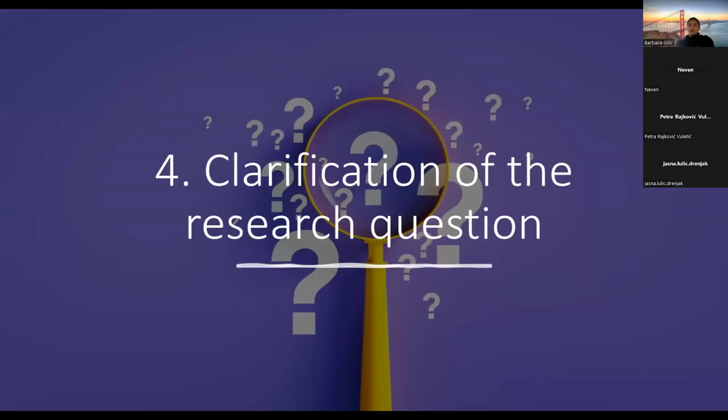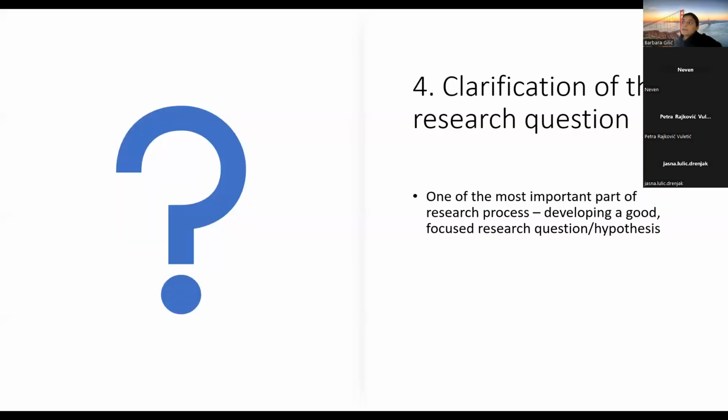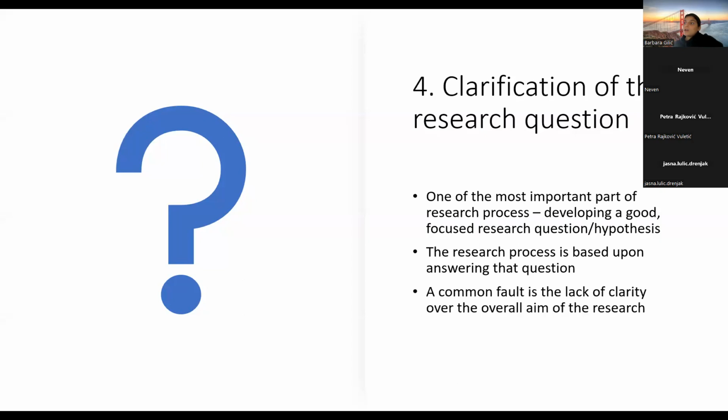And now we are reaching probably the most important stage of the research process, and that is the clarification of the research question. This is, I repeat, the most important part of the research process because you have to develop a good and focused research question. After all, the research process is based on answering that research question.